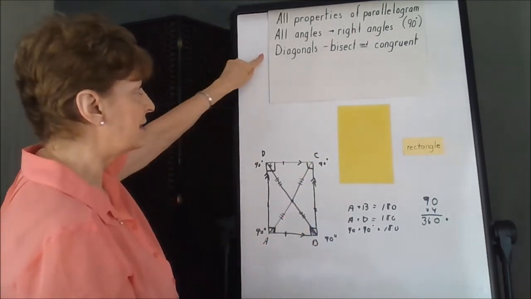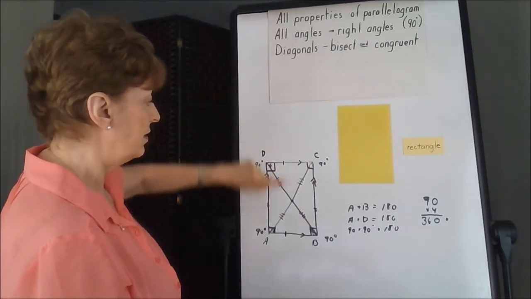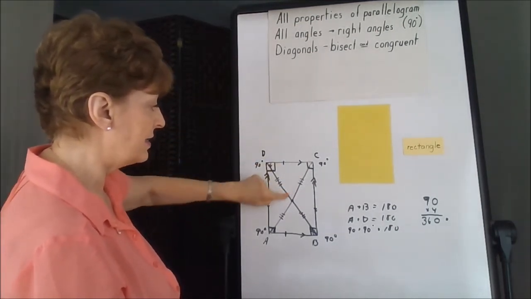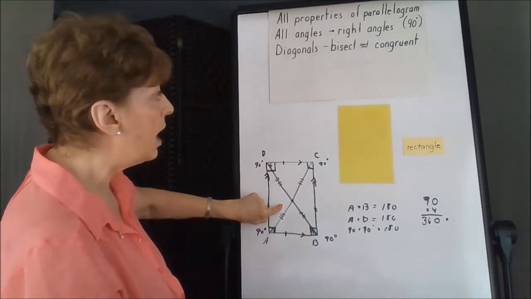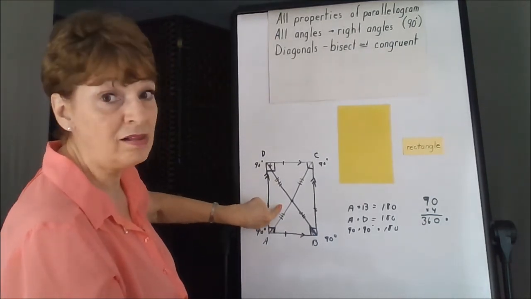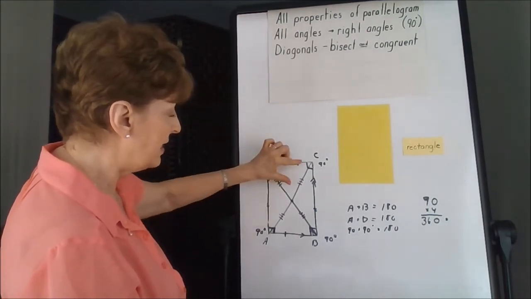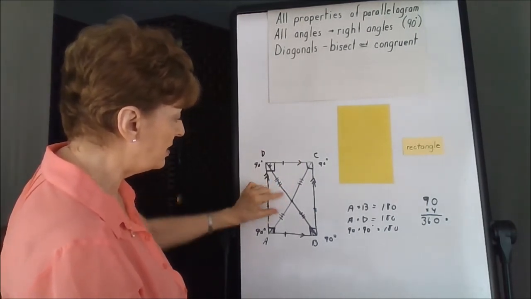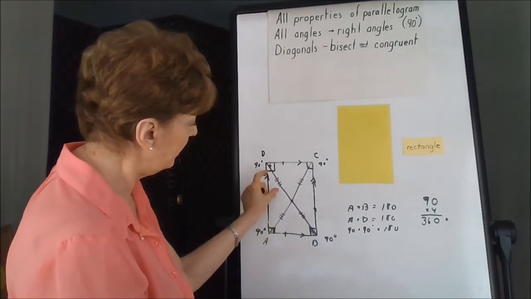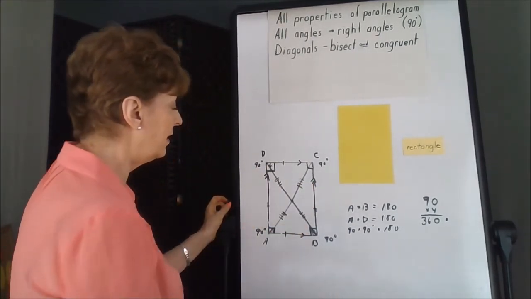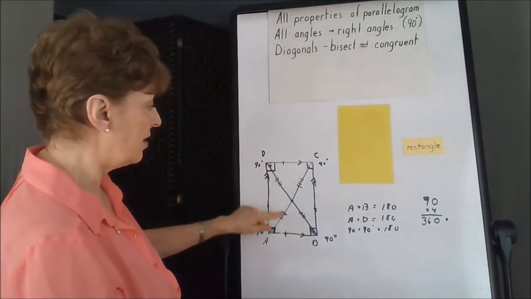And the diagonals bisect each other. That means cross, and that means that this side is the same as that, congruent, but it said that they all are congruent. So not only is this portion the same as that, this portion is also the same as this and this. So I'm going to just put a fourth hash mark on that. So all of those are the same.